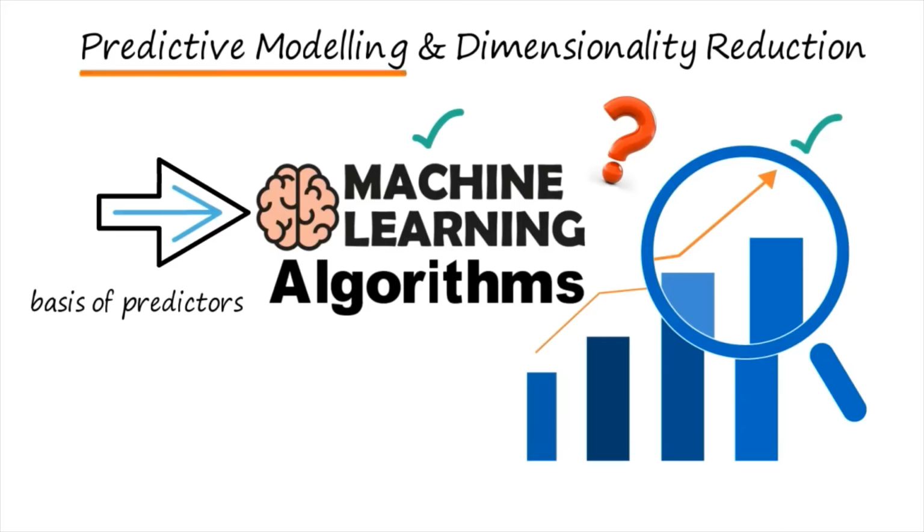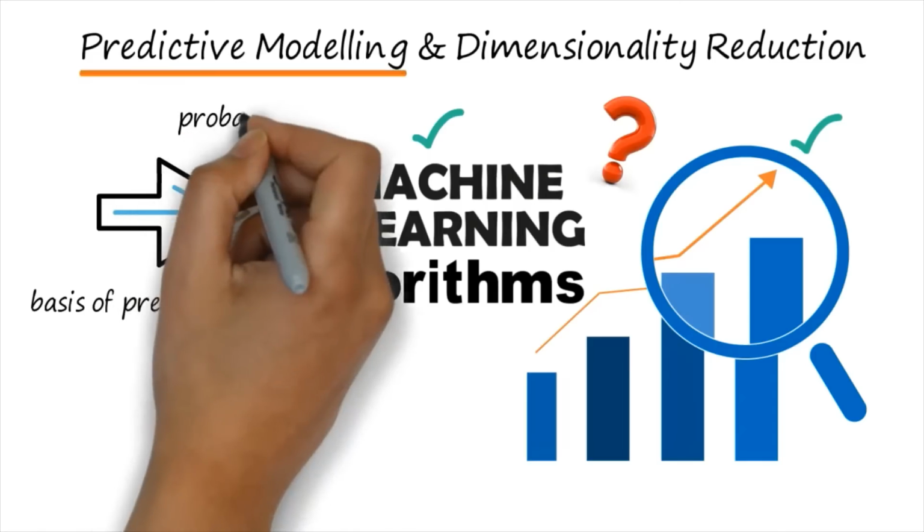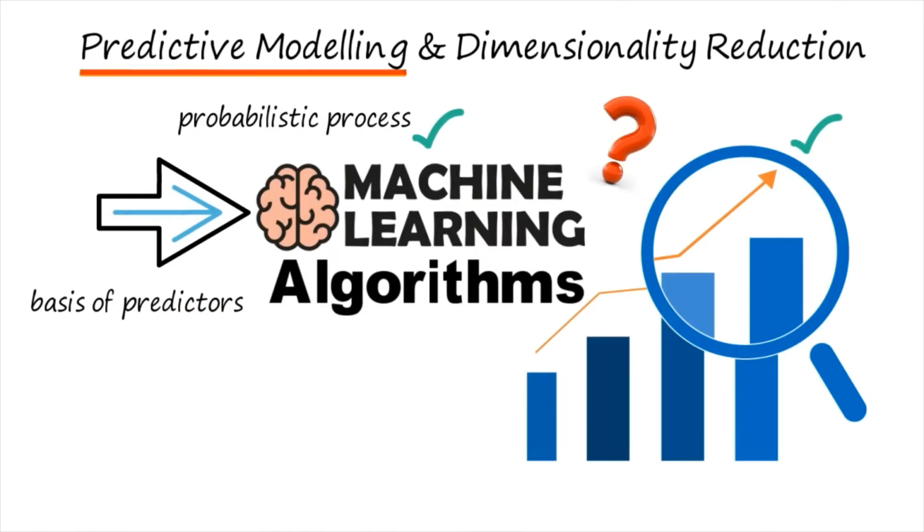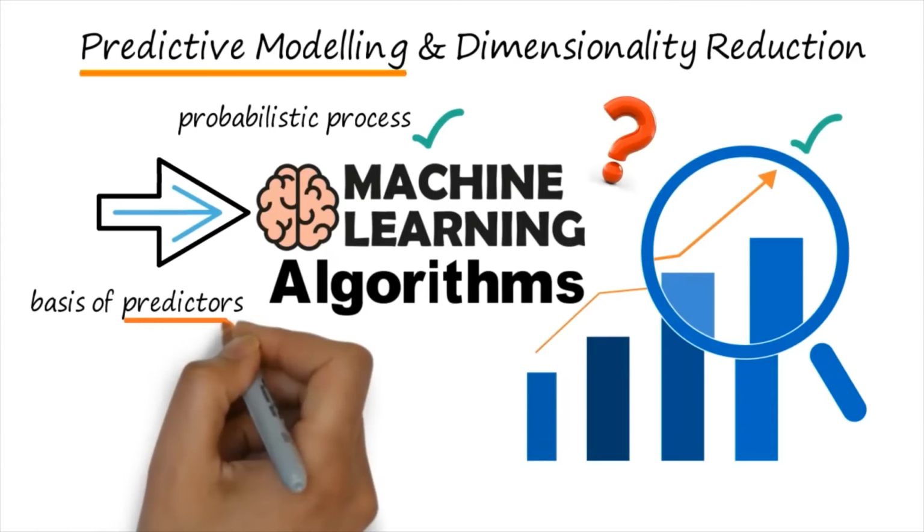So what do you mean by predictive modeling? Predictive modeling is a probabilistic process, and this probabilistic process allows us to forecast outcomes on the basis of some predictors. Now what are these predictors all about?